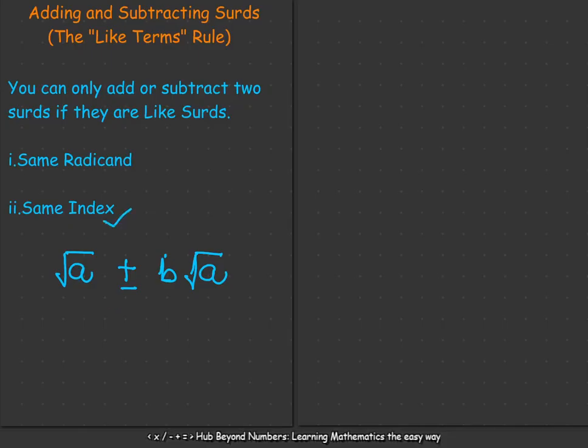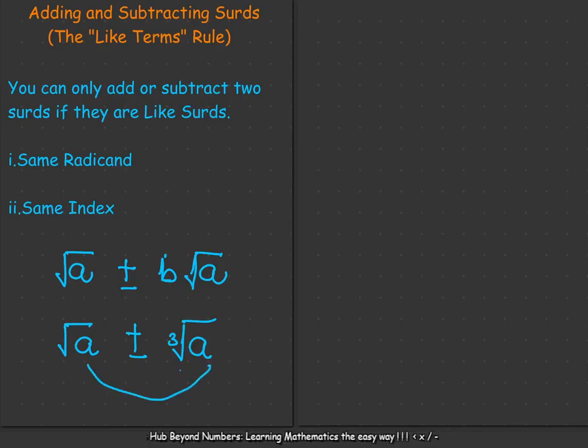Now, the second rule: we can only add and subtract if the indices are the same. What it means is, if you have the square root of a and you want to add or subtract it to the cube root of a, even though the first rule is satisfied, that is, the radicands are the same, the indices are not the same.